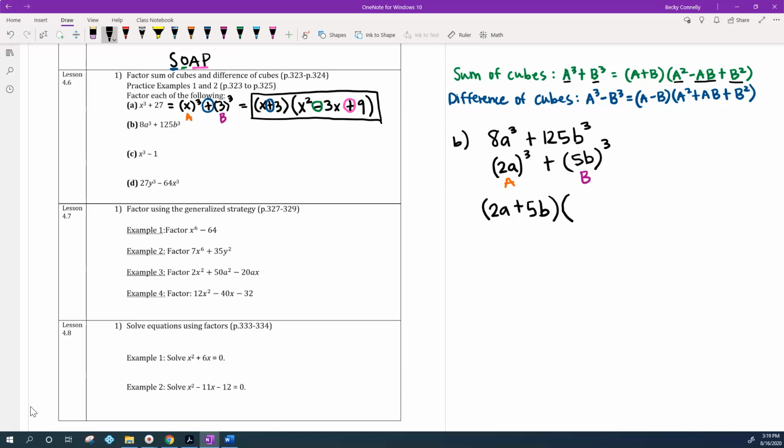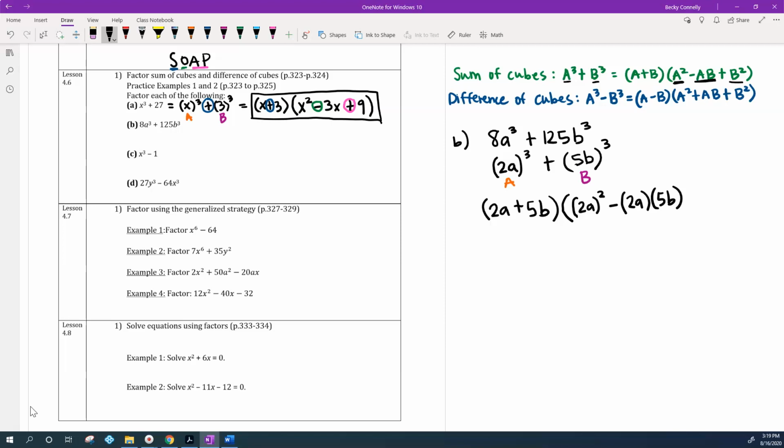Rewriting it this way makes it a lot easier to put it in this form. In the second parenthesis, I have my a squared, so I'm taking that 2a, that whole thing, and squaring it. Then I need to subtract a times b, so I subtract and put down the a part times the b part.